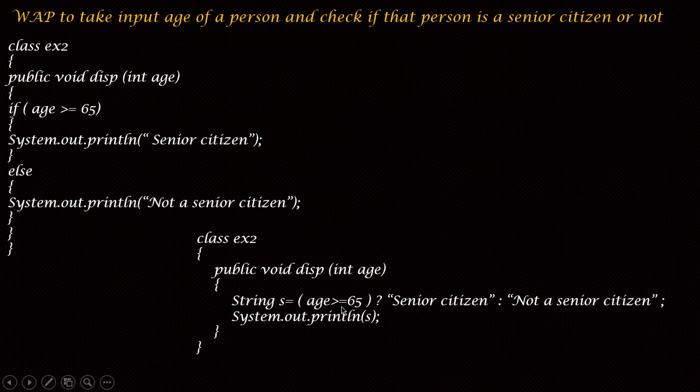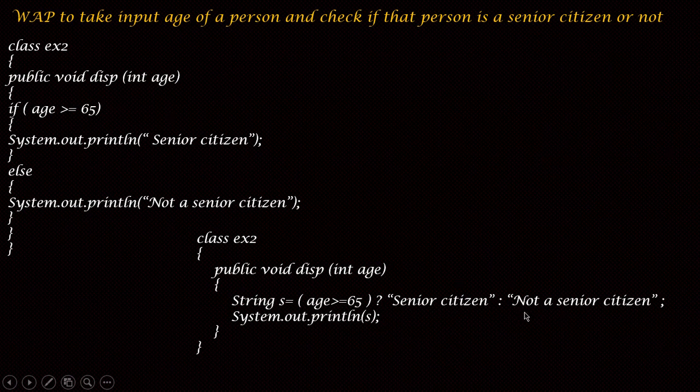So how does this work? This condition is checked. If this condition returns a true value, then the second part of the expression, that is senior citizen, this constant will be stored in the string variable s. But if this part, age greater than or equal to 65, is false, then the part after the colon, that is the third expression, will get evaluated.